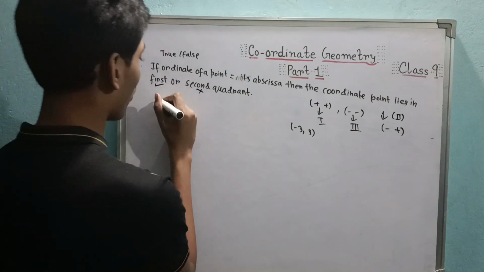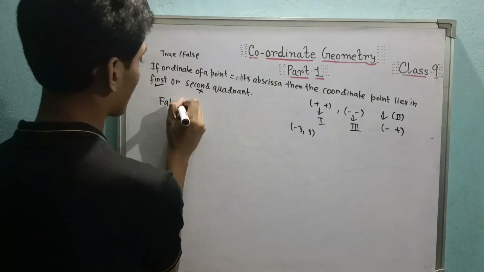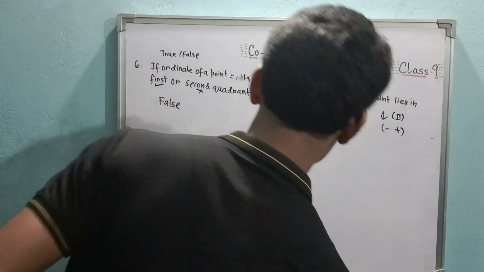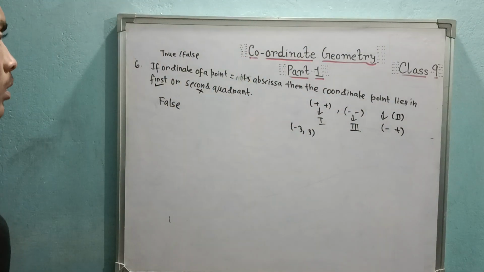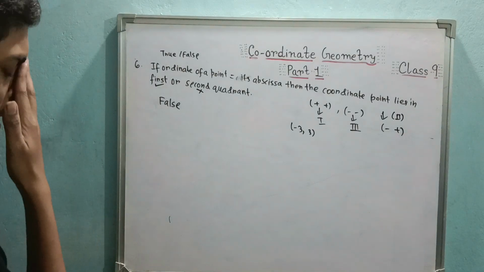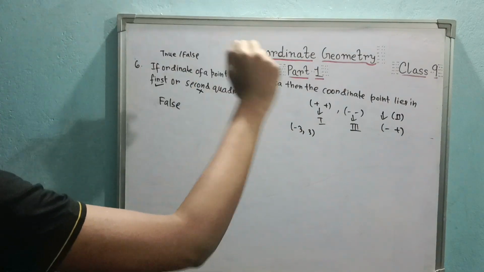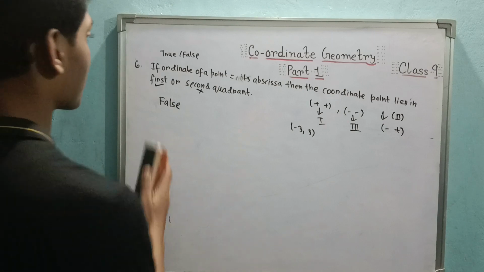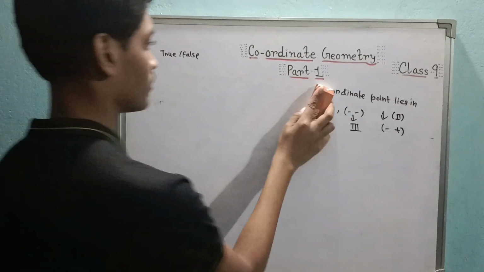This statement is false. Oh, come on. Two statements were false. Wait, anything left? Let's see. To understand the logic: if the abscissa and ordinate are equal, their signs should also be equal, and that is only possible in the first and third quadrants, not in the second quadrant. Okay, let's see next.